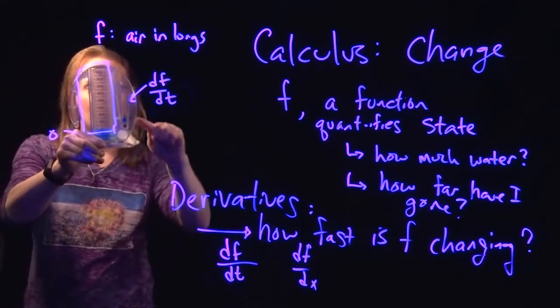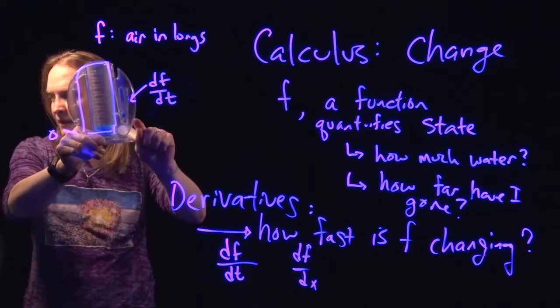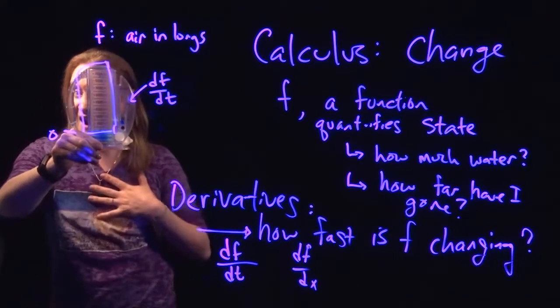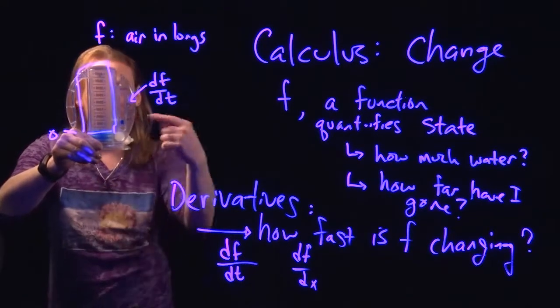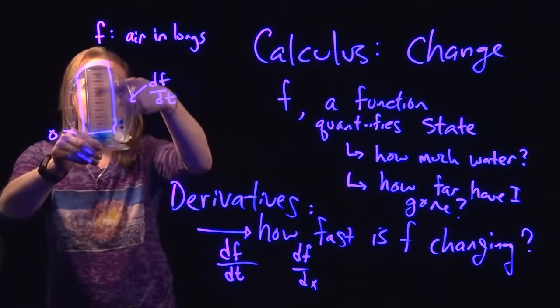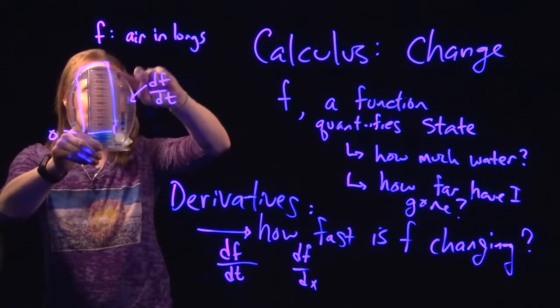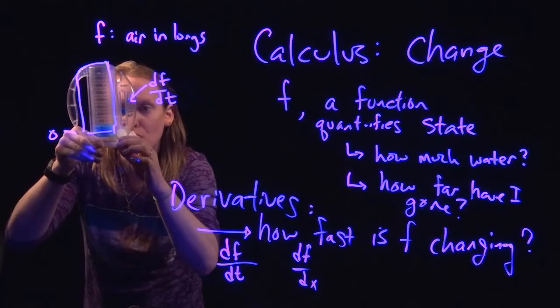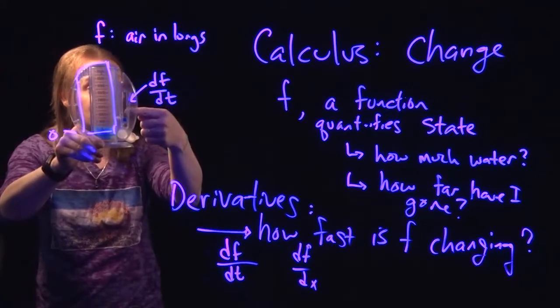So we're watching this marker inside this chamber right here. And I want you to notice that the faster I inhale, the more I inhale, the higher this goes, and the faster this thing changes. So the faster this is changing, the higher this bar is. Barely inhaling, the bar doesn't go very high.